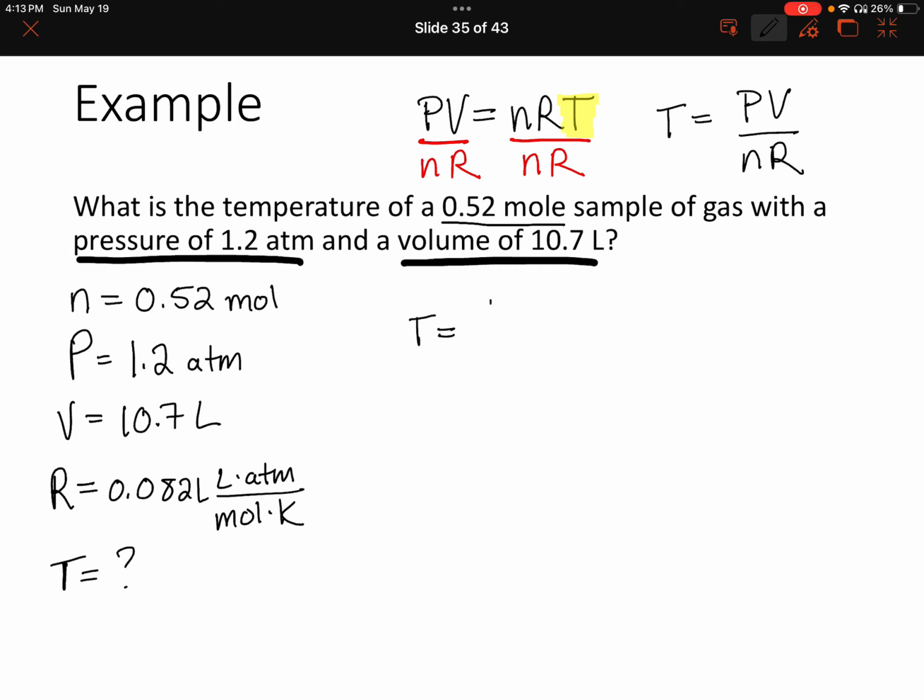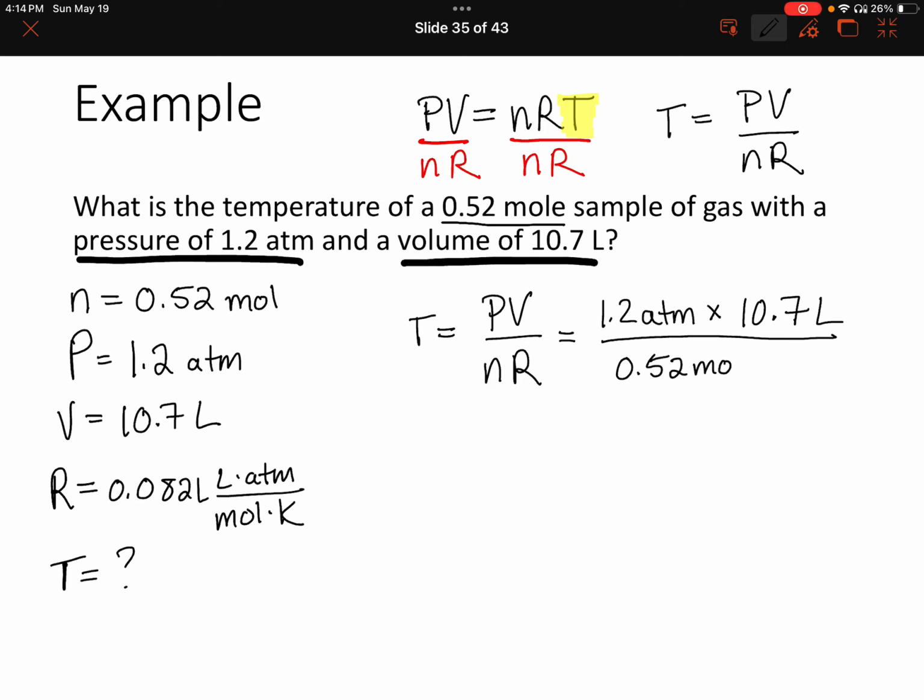All right, so now we can plug in our values. Pressure is 1.2 atmospheres. And we're multiplying that by volume, which was 10.7 liters. Then we're going to divide that by the amount of gas, 0.52 moles, and the gas constant, 0.0821 liters times atmospheres over moles times Kelvin.